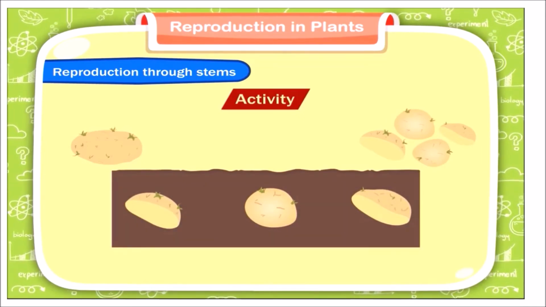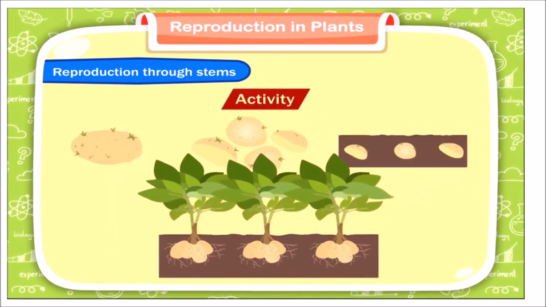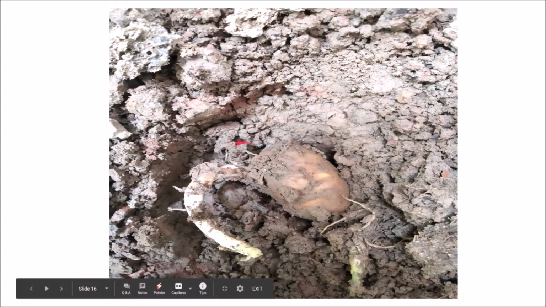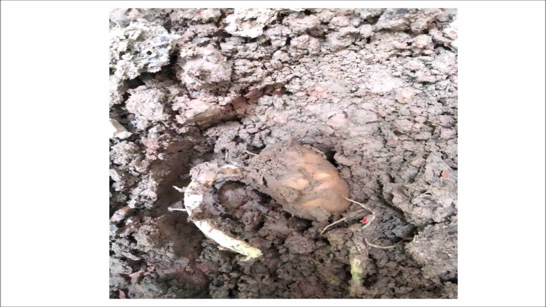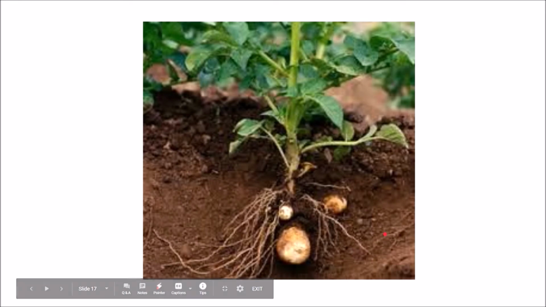These potato parts will grow into new plants. When I grew a potato in moist soil, it grew like that. This is a root and this is a shoot. I grew it at home and it grew like that.